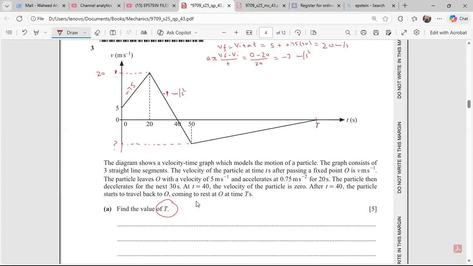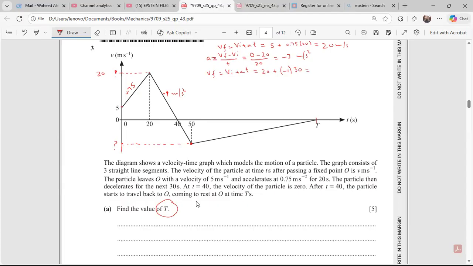Now, what is the speed at this point at 50 seconds? Again, I can calculate Vf equals Vi plus At. The initial speed here is 20, plus the acceleration here, which is minus 1, and the time from 20 to 50 is 30.